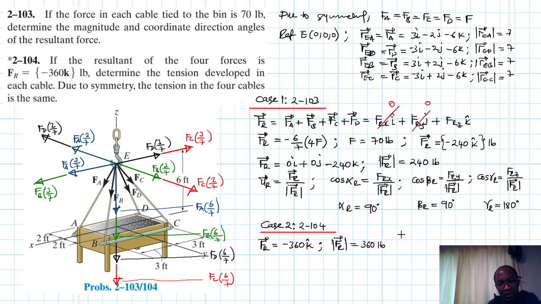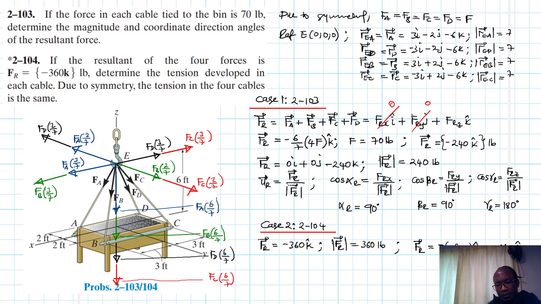Let's work it out. So we know that FR is equal to minus 6 divided by 7 times 4F, and of course here we should have a k, like so. Then we are saying this is equal to minus 360k.